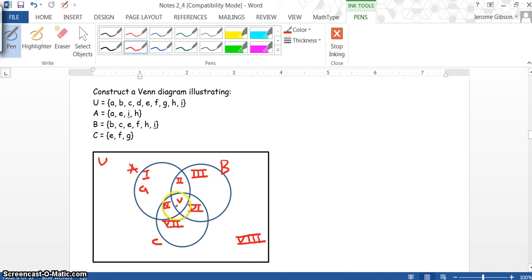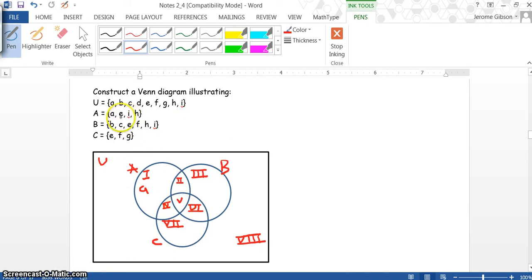So we know E will be there. E is the only value that's in all three sets. For some reason this E keeps disappearing, but you know that that is supposed to be an E here in region 5. So please make note of that.